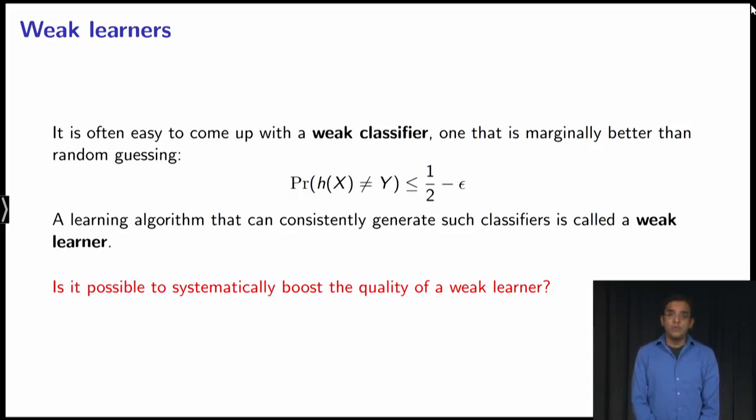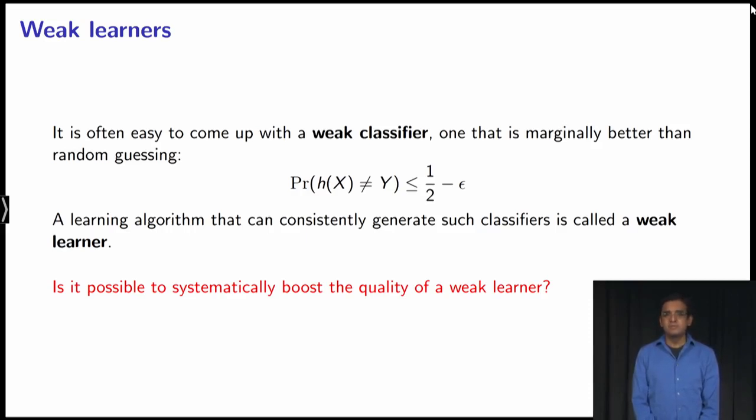Let's say that a weak classifier is something that is better than random, so its error is less than 50%, but maybe not a whole lot better. For instance, its error might be 45% or 49%. And let's say that a weak learner is a learning algorithm that is able to repeatedly churn out weak classifiers of this type.